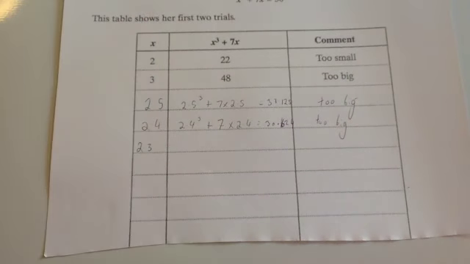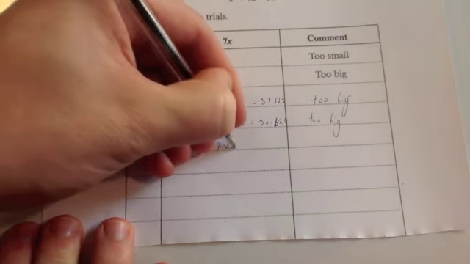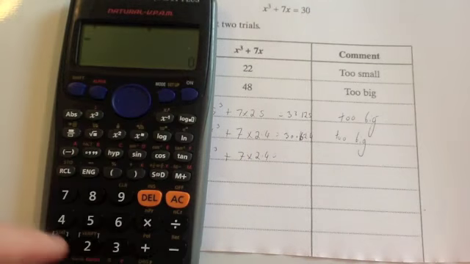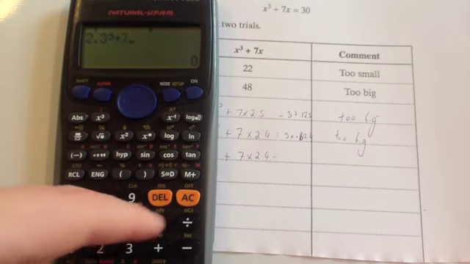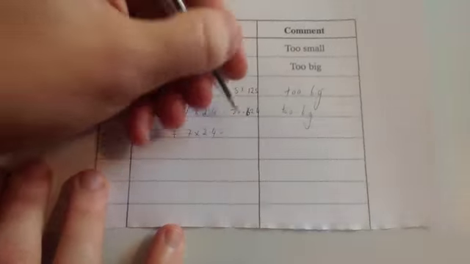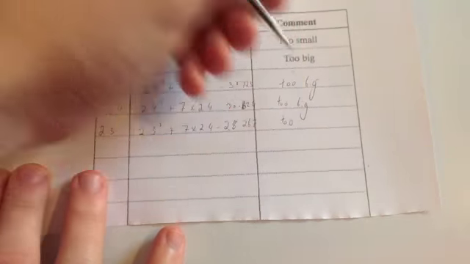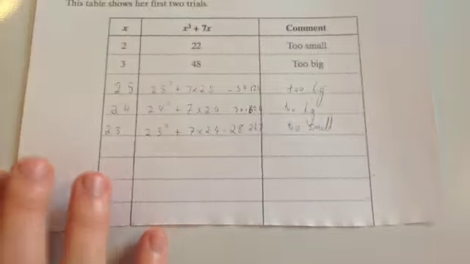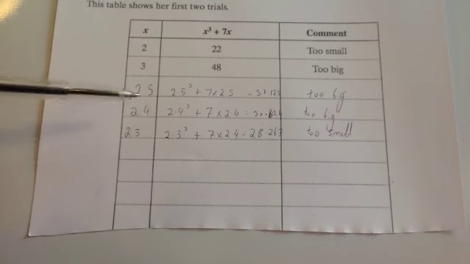So we're going to do 2.3 cubed plus 7 times 2.3, which is 28.267, which is too small. So we found the number that's too big, 2.4, and the one that's too small, 2.3. So we know that the answer is going to be somewhere in between these two.